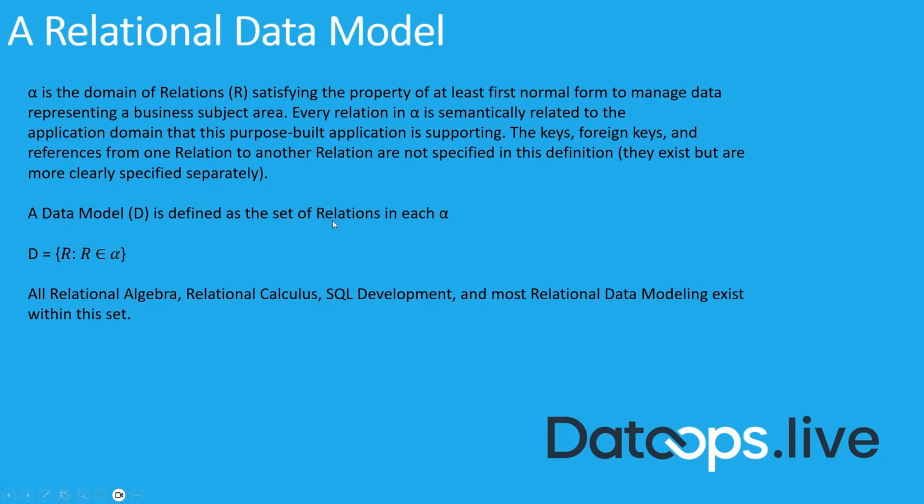A data model is defined as a set of relations in each alpha. An alpha is a superset of a domain, a business domain, whether that be orders, accounts, any of those kinds of things. All of the relations in that domain for a given application, and their relationships, is a relational data model.